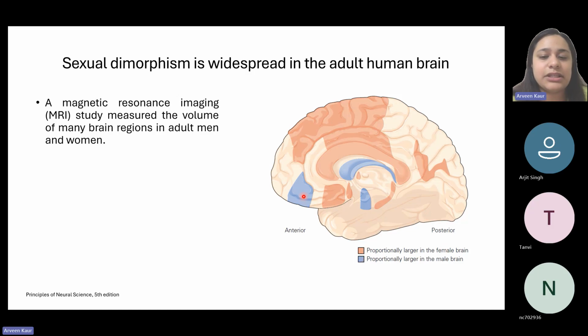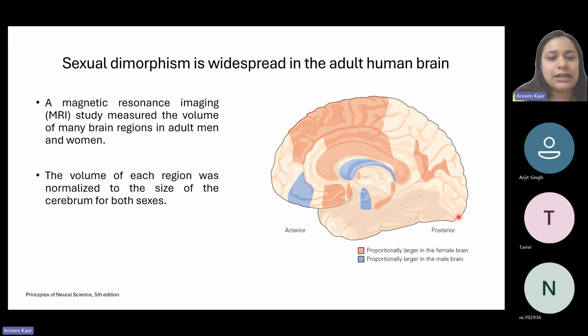And there are some regions that are proportionally larger in the male brain, which are represented in this blue color, right? So this kind of sexual dimorphism in the brain is also seen in humans, right?